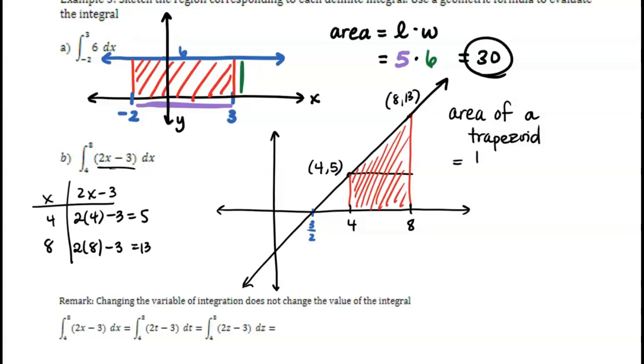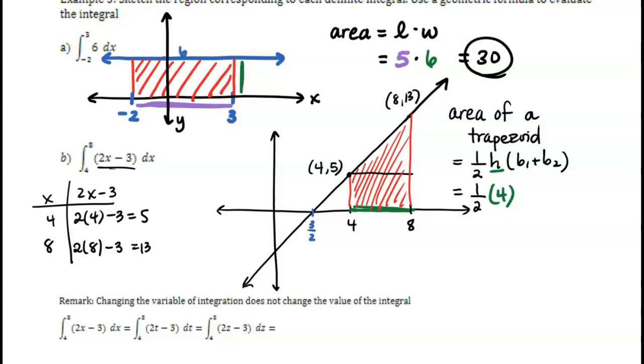Area of a trapezoid is 1/2 height, and then you add the two bases, base 1 plus base 2. The height of our trapezoid is 4, the distance between 4 and 8. Base 1 and base 2, it doesn't matter which one you call which one, but your bases do need to be parallel to each other.